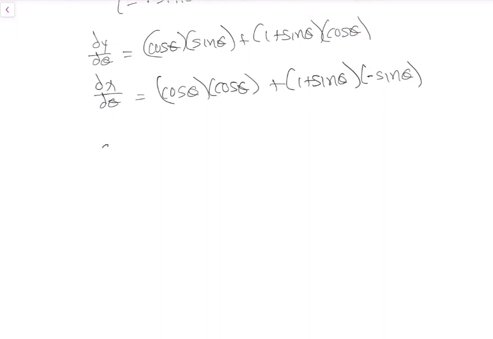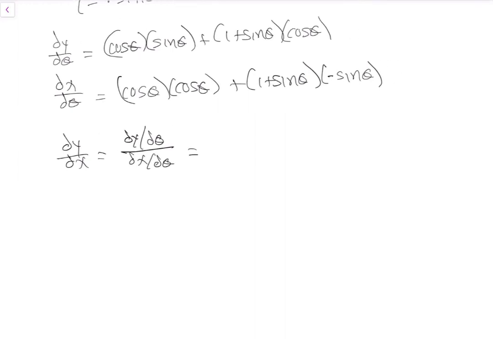So my dy dx derivative is going to be, again, our parametric form, dy d theta over dx d theta, which we already found those equations. So in my dy d theta, I'm going to go ahead and distribute and multiply things out. So, cosine theta sine theta. If I distribute the cosine over here, I'm going to get another cosine theta sine theta.